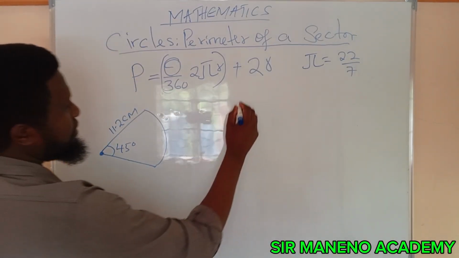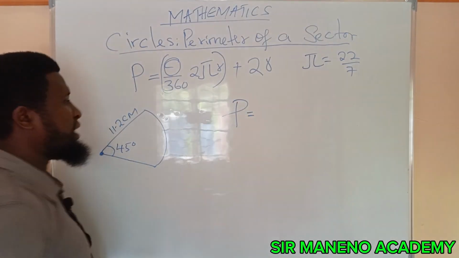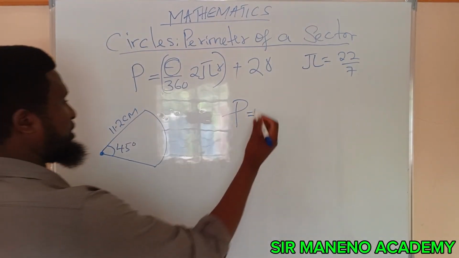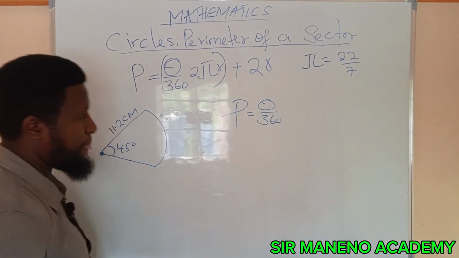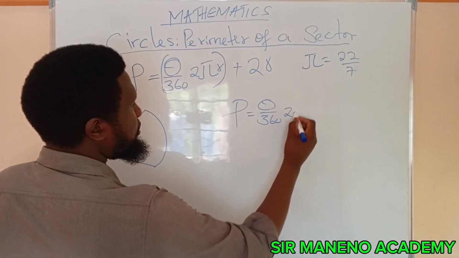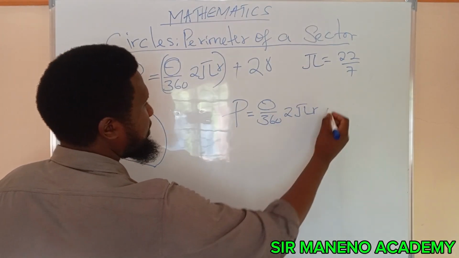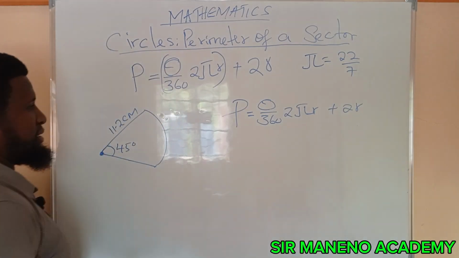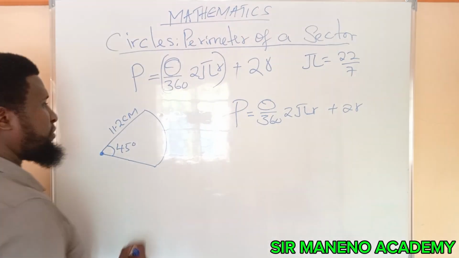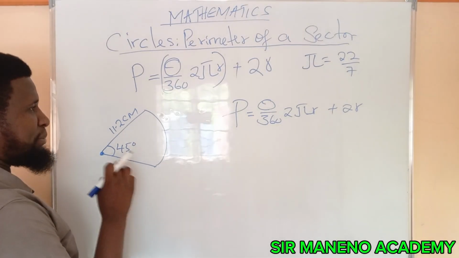The perimeter of a sector is theta out of 360 times 2 pi r plus 2r. That is what we do. So we now substitute.